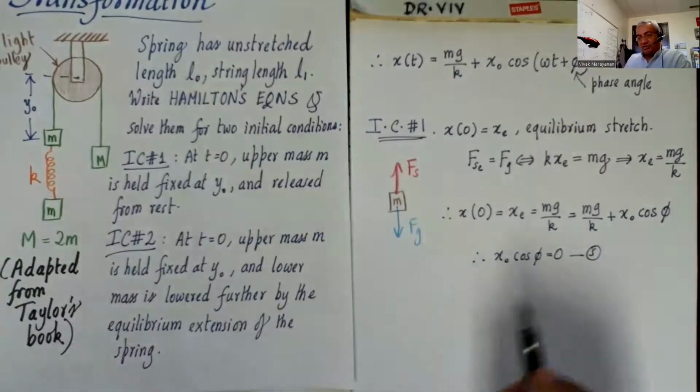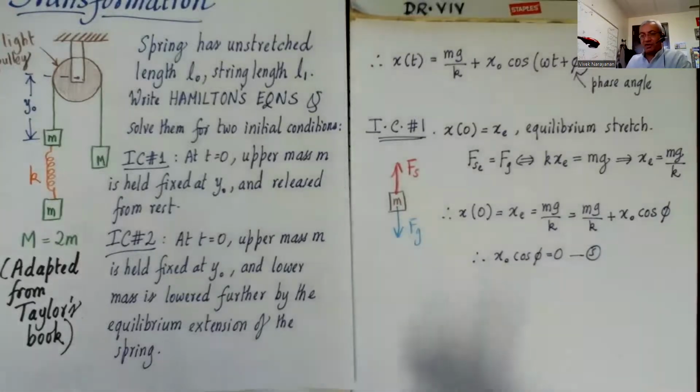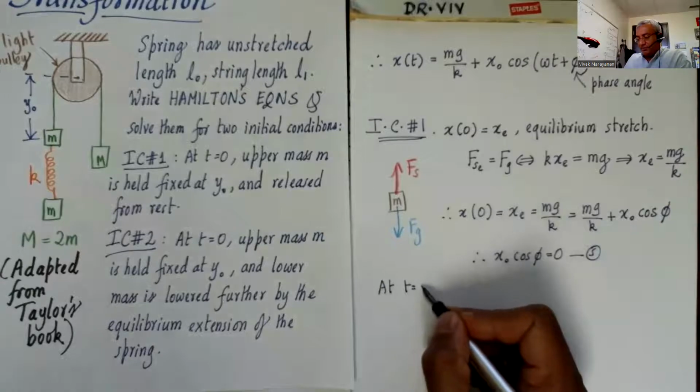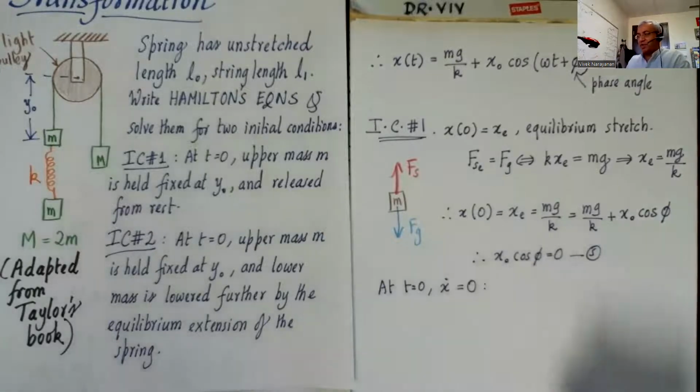Now the other thing, it's not enough to just say the cosine phi is 0. You can't just get phi from that. Remember, cosine gives you 2 solutions, one in the first quadrant and one in the fourth quadrant. So we also need the velocity data. At t equal to 0, everything is held fixed. So we also have x dot equal to 0.